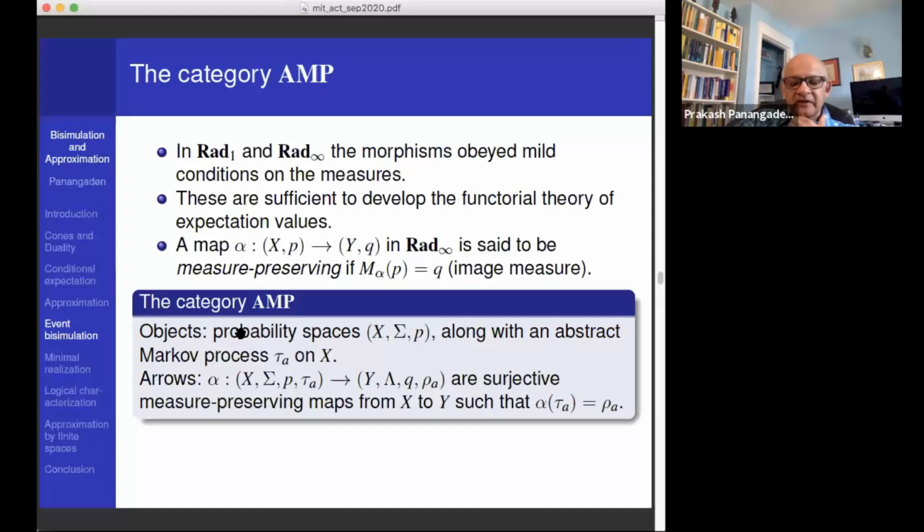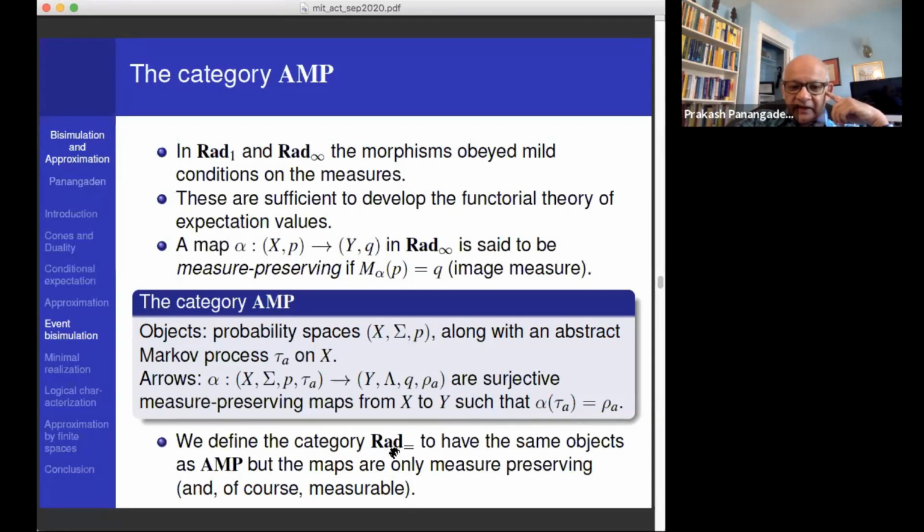So we're going to define a category called AMP. The objects are probability spaces along with an abstract Markov process structure on X, and the arrows are going to be surjective measure preserving maps from X to Y. So that means when I approximate along alpha, I really get exactly the kernel that's here.